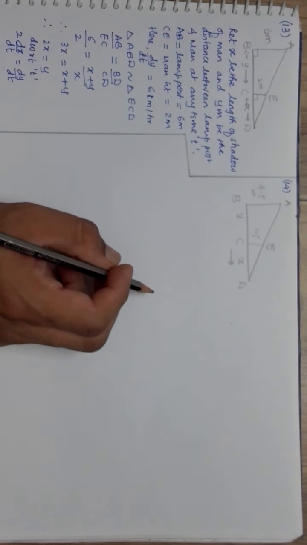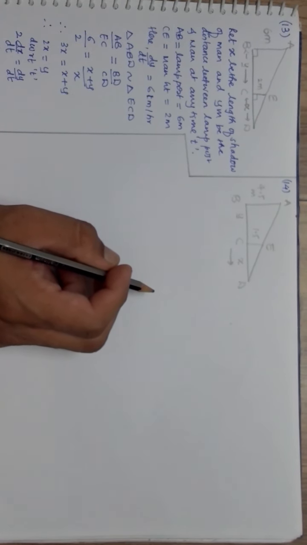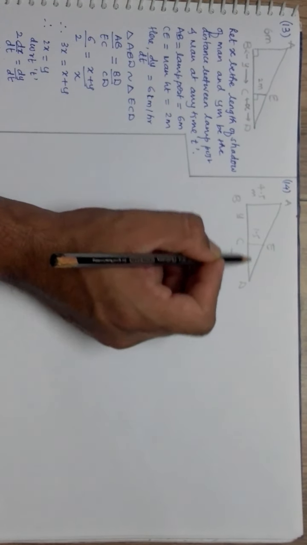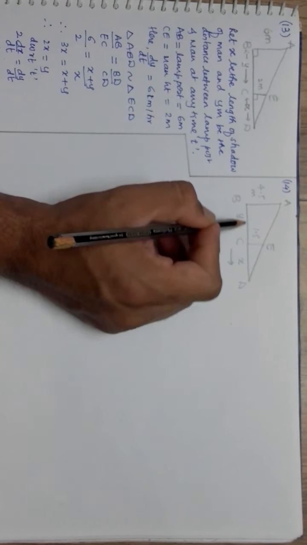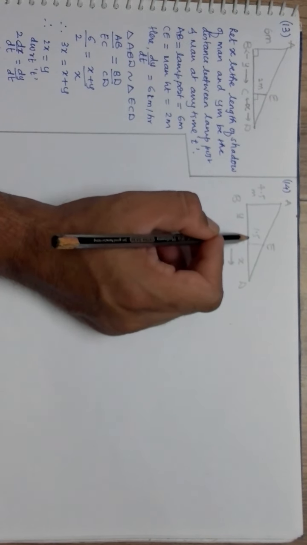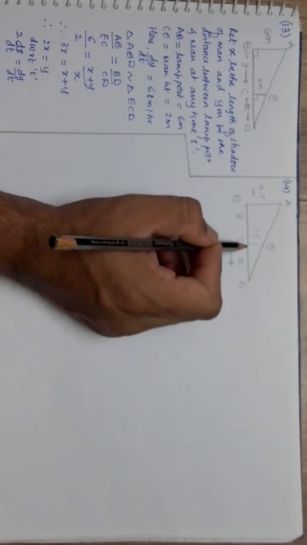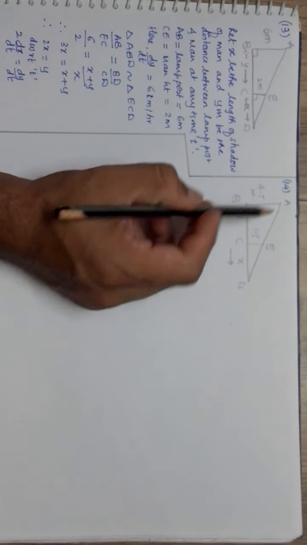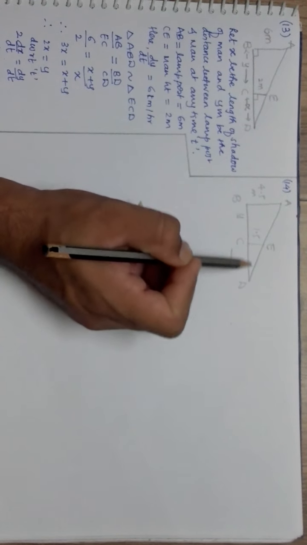The details remain as they are. Now, what it says is the man walks towards, I am replacing by away, walks away from the lamp post at the rate of, that means walking rate, that means this particular thing is changing, right? That is, this y is changing now. This y will change, it will go towards D. So there is change in the position of man when compared to the lamp post.